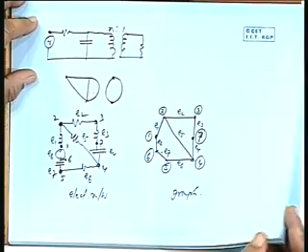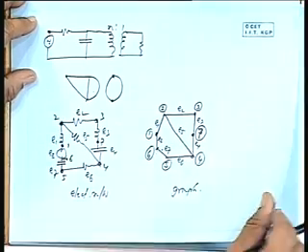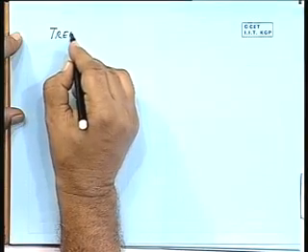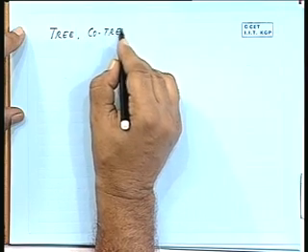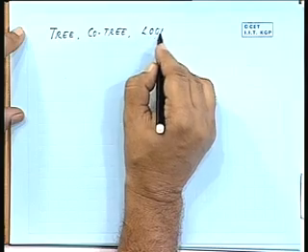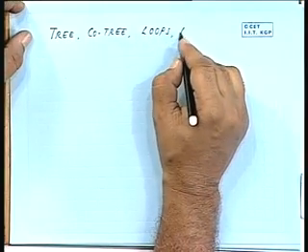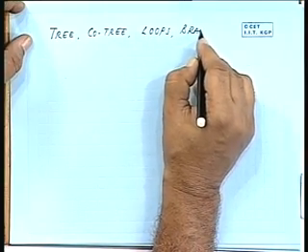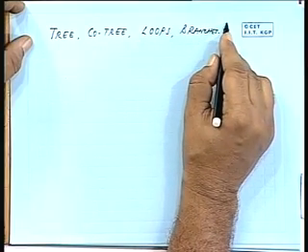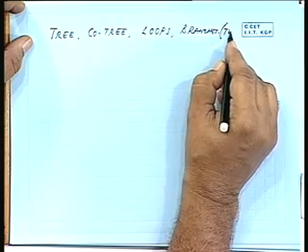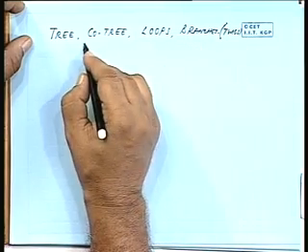Now, we define some more terms. Tree, co-tree, loops, branches, rather twigs, and links.